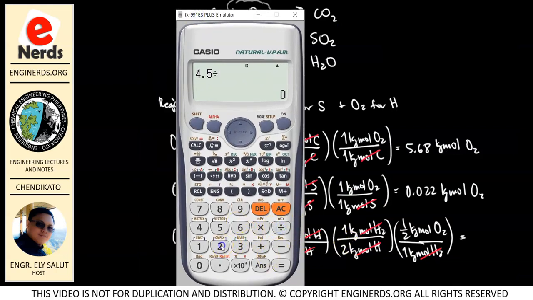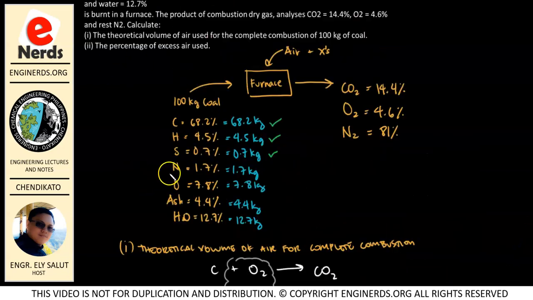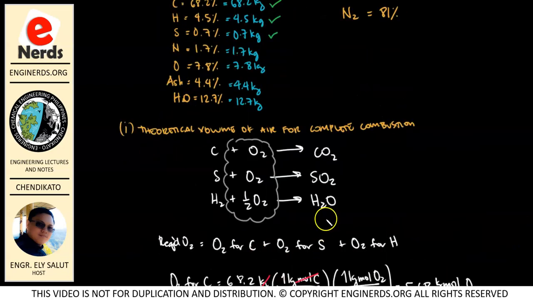So, divided by 2. Then, multiply to 1/2. Okay? So, that means we'll be dividing this by 2 as well. So, we have 1.125 kilogram of O2. Yan yung O2 na kailangan natin to convert our hydrogen sa ating coal into water.